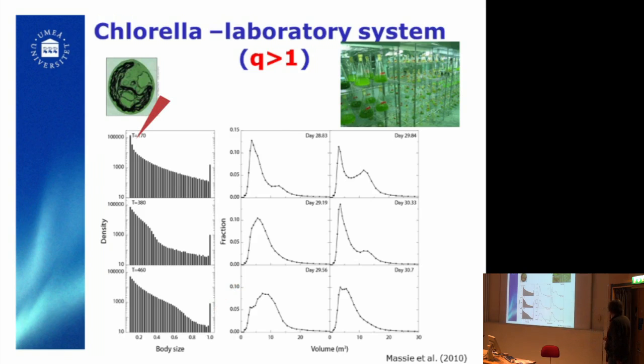And this study by Massitais on the chlorella actually showed this type of cycle that you can see here, this movement of many cohorts approaching the adult stages. And the adult stage is here the stage that is just about to divide into new daughter cells.